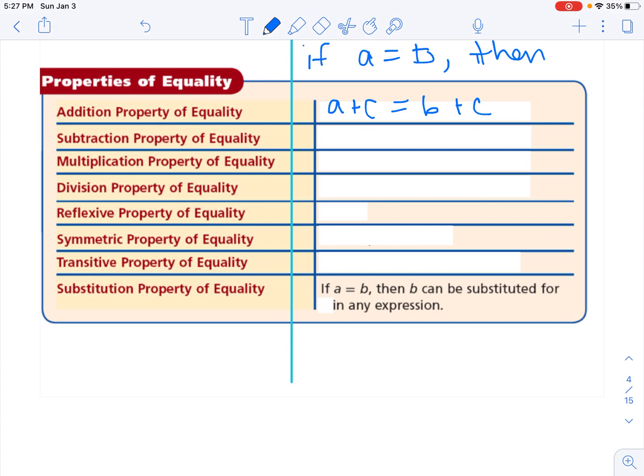Again, starting with if A equals B, then A minus C equals B minus C. So if we subtract C from one side, we subtract C from the other.